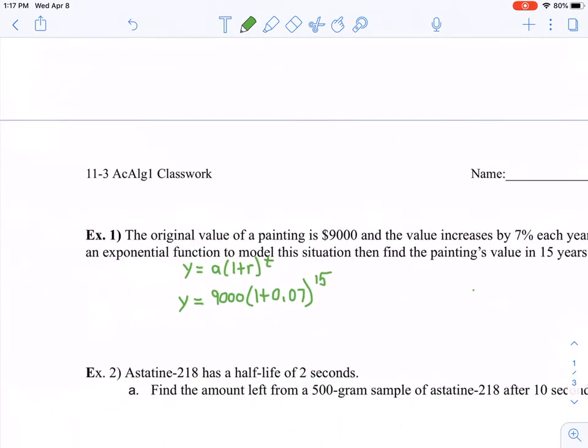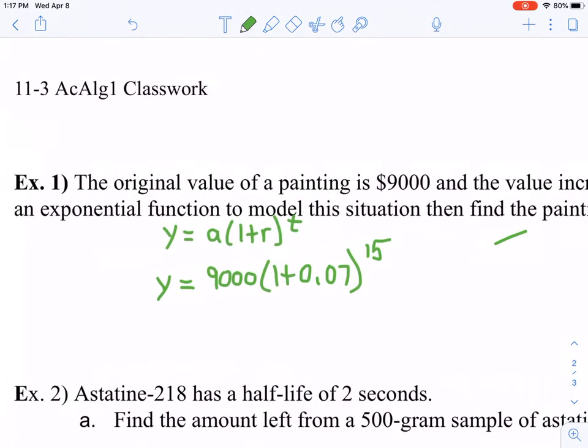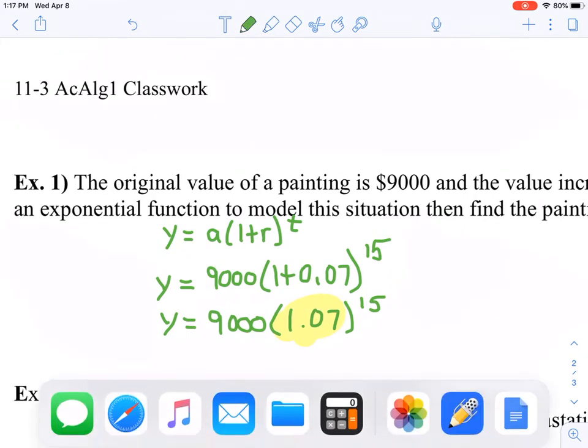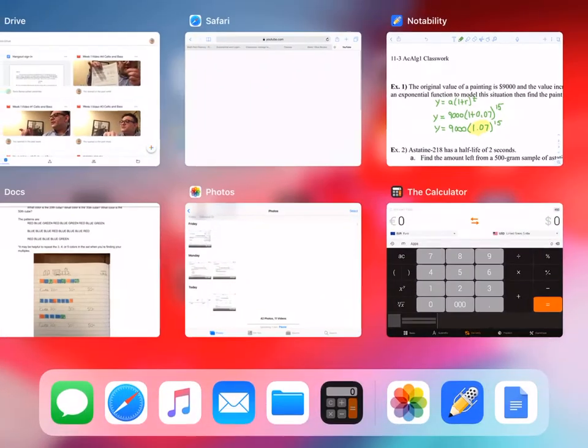So let's take one more step to simplify this a little bit more. And we're at y equals 9,000 times 1.07 raised to the 15th power. Again, that 1.07, this part right here, is greater than 1. That means it's got to be exponential growth. So let's see if we can use our calculator.